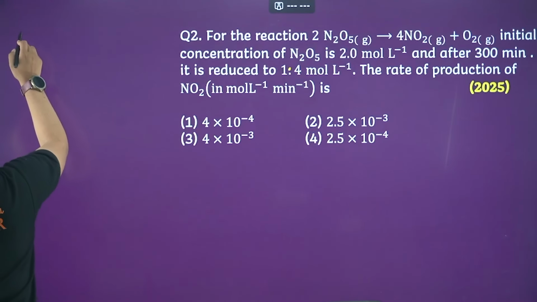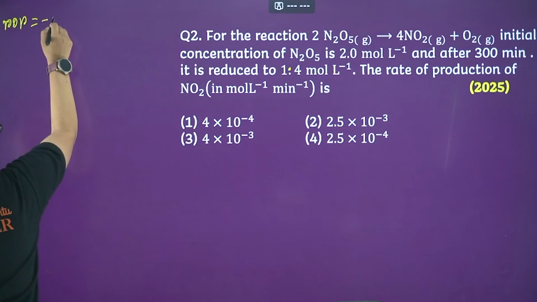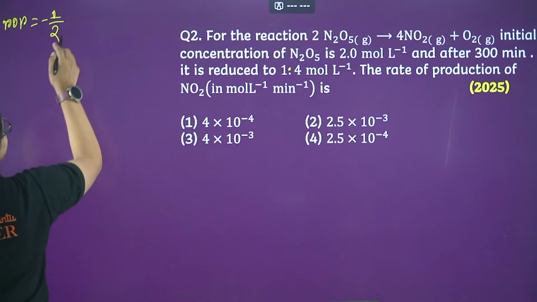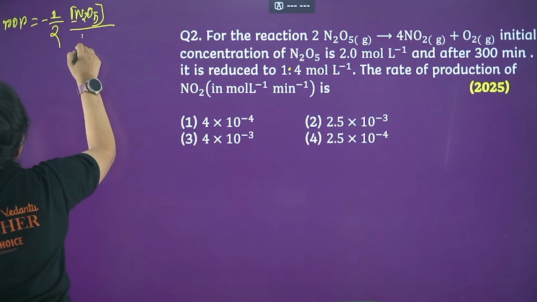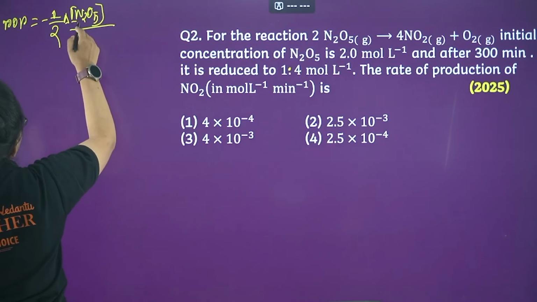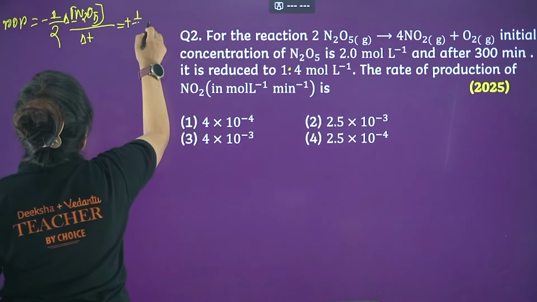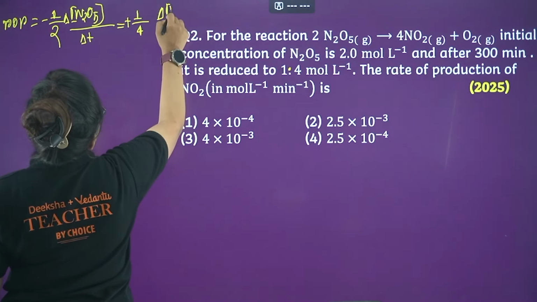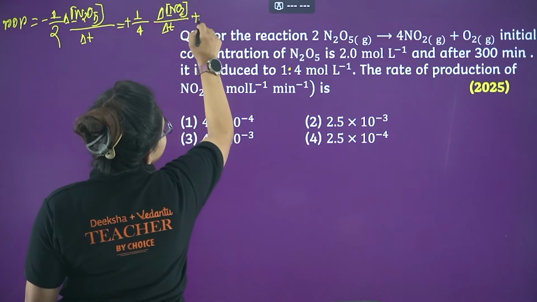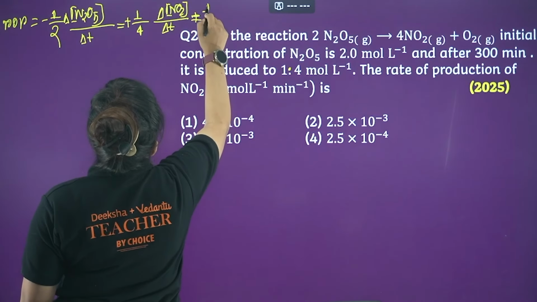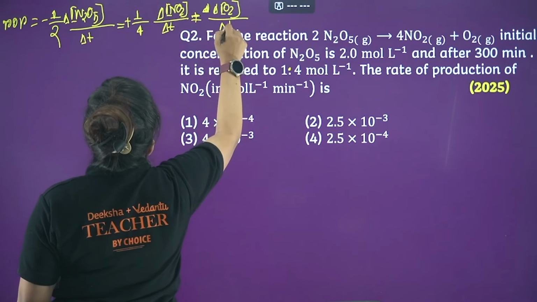So for that particular reaction, the rate equation, rate of reaction, is going to be minus 1/2 delta concentration of N2O5 divided by delta T, which equals plus 1/4 delta NO2 by delta T, which equals plus 1 times delta concentration of O2 divided by delta T, since there is no stoichiometric coefficient.